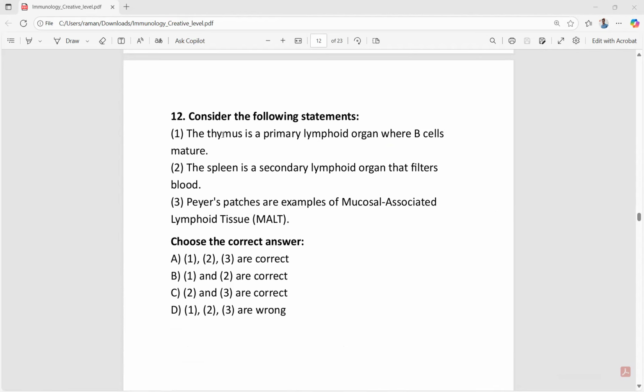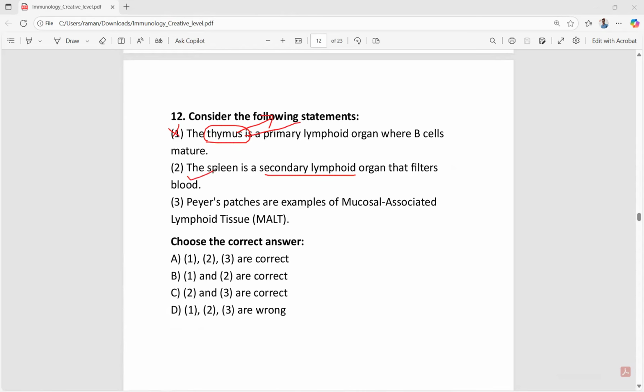The thymus is a primary lymphoid organ where B cells mature. Look carefully, B cells mature. No. So if we look at the thymus, it has the thymosin enzyme, and this thymosin enzyme is responsible for maturation of T cells. So option 1 is the wrong answer. The spleen is a secondary lymphoid organ that filters blood.